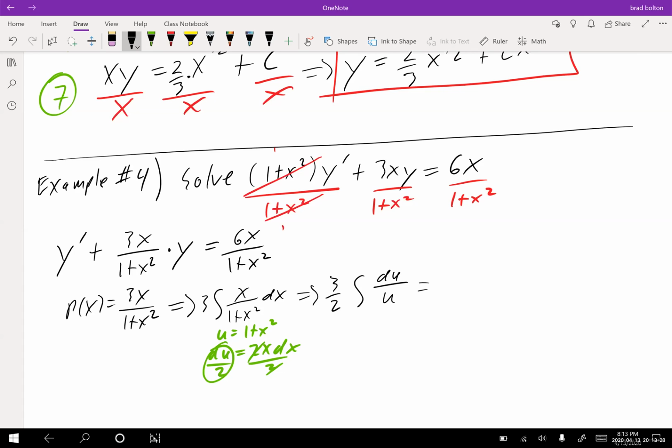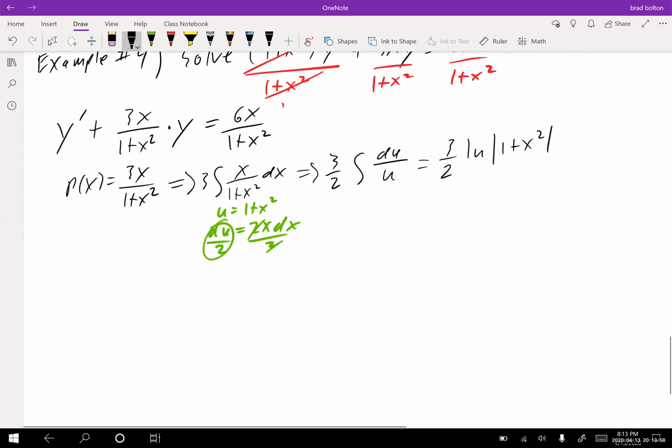But we know that that is actually 3/2 ln of the absolute value of u, but u is 1 plus x squared. I'm sorry, 3/2 ln of 1 plus x squared. That is what we get when we integrate our p of x. Now we have to take e to all of this.